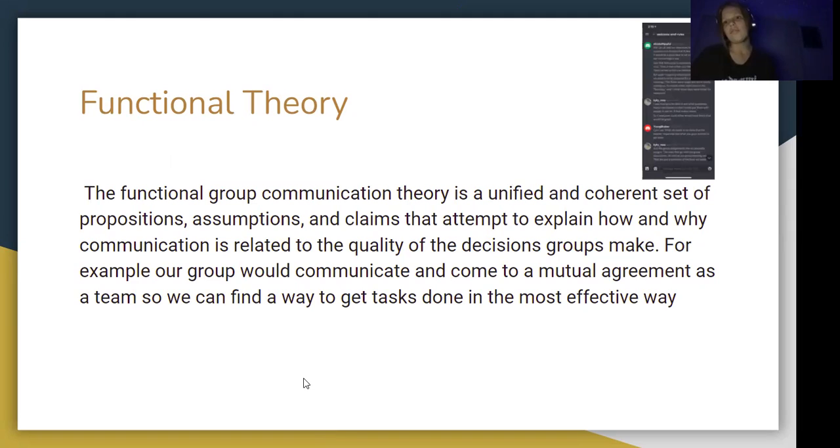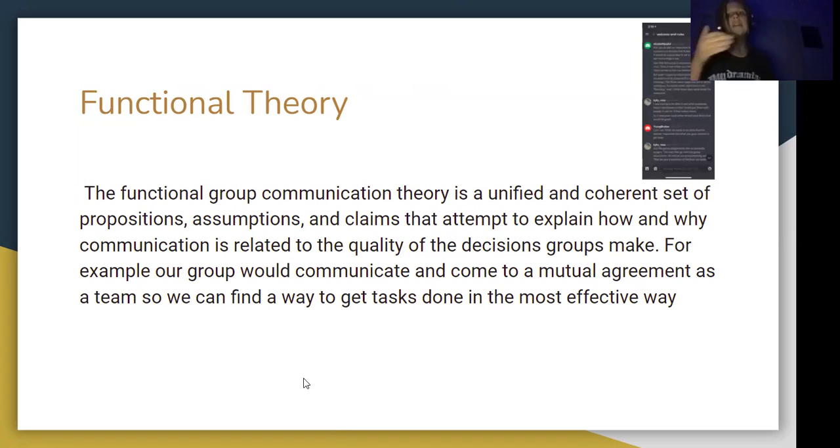So the functional group communication theory is a unified and coherent set of propositions, assumptions, and claims that attempt to explain how and why communication is related to the quality of decisions groups make. So for example, in the picture, there is us communicating and coming to a mutual agreement so we could get tasks done in an effective way.